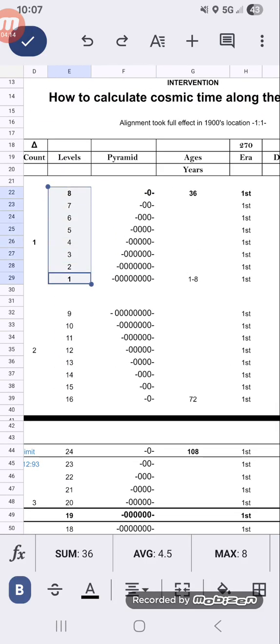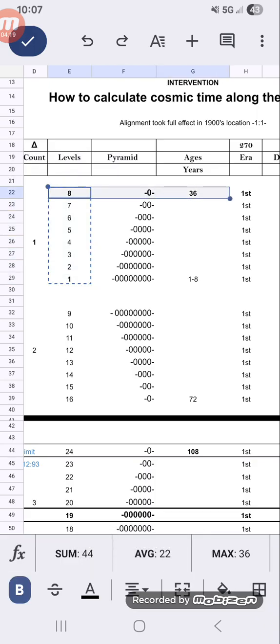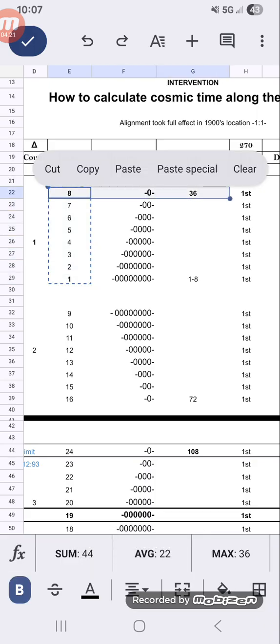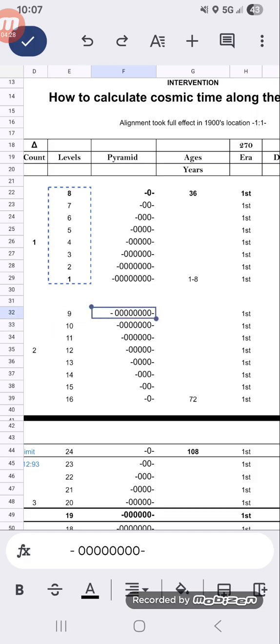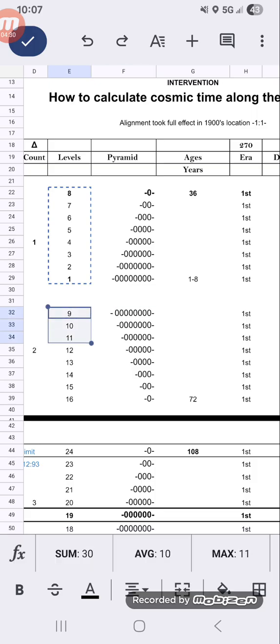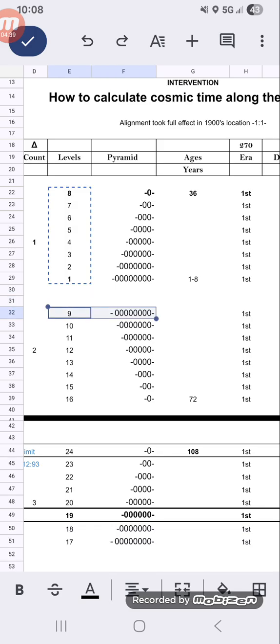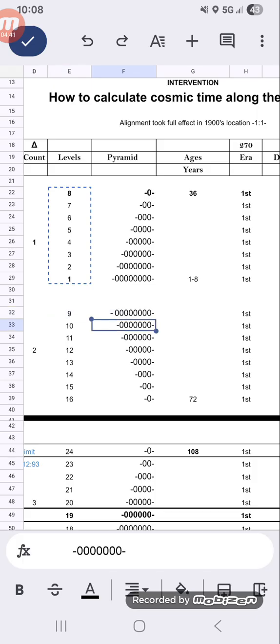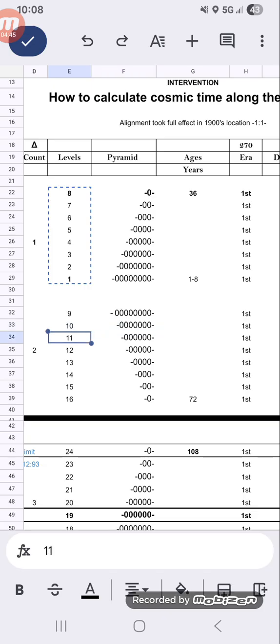After level number 8 here, going up, the pyramid will fold into 9. As you can see, this pyramid goes down: 9, 10, 11, 12, 13, 14, 15, 16. The pyramid is going down. So this one, at level number 9, will have 8 numbers. Level 10, 7 numbers.